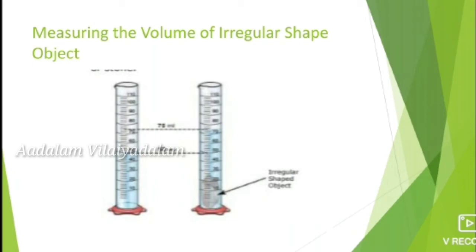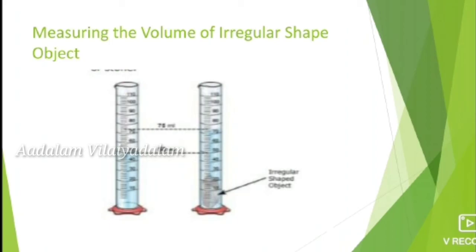And the stone is a solid substance, so we express the volume in cubic centimeter, and 1 milliliter is equal to 1 cubic centimeter, that is 25 ml means 25 cubic centimeter. So the volume of an irregular object like stone is 25 cm³, and it is found by final level of water minus initial level of water.